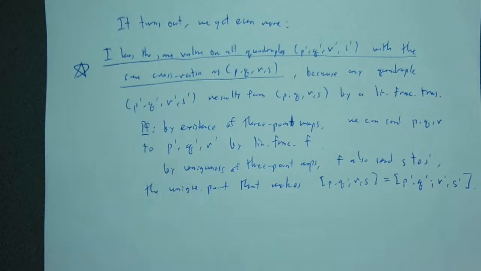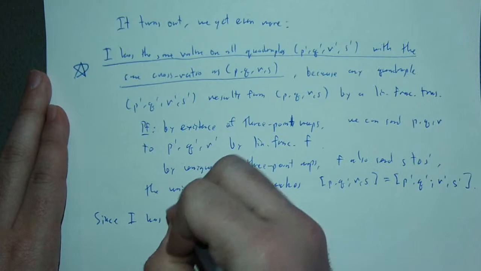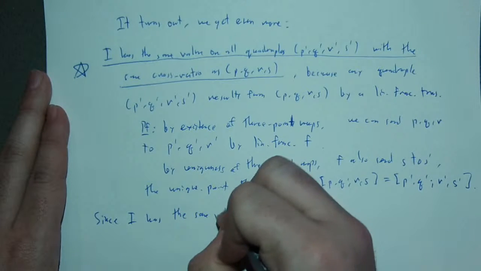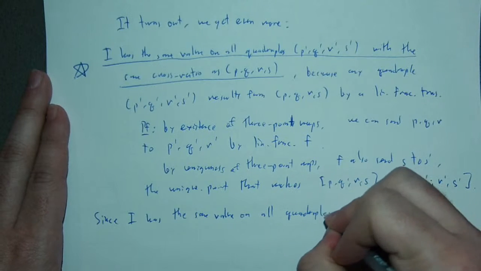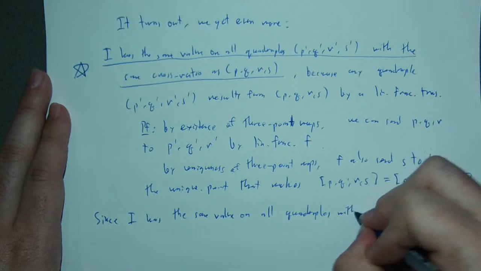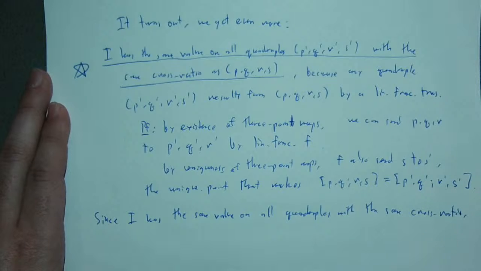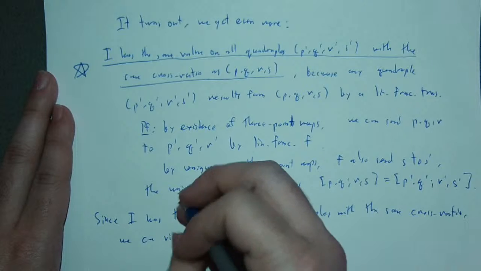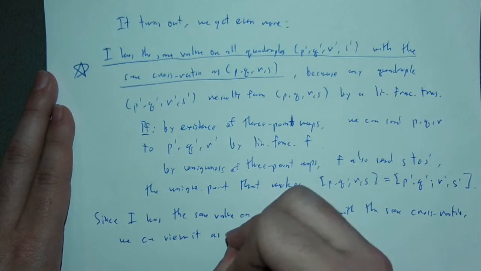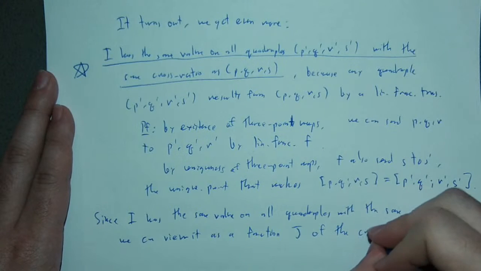Okay, this thing that I've underlined is actually exactly what we're trying to prove. Why? Well, since I has the same value on all quadruples with the same cross ratio, we can view it as a function, say j, of the cross ratio.